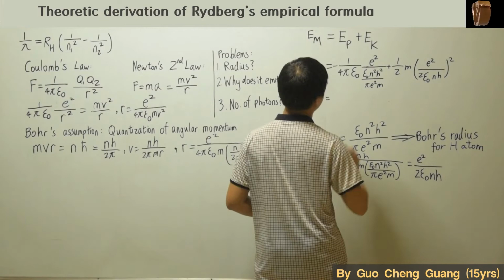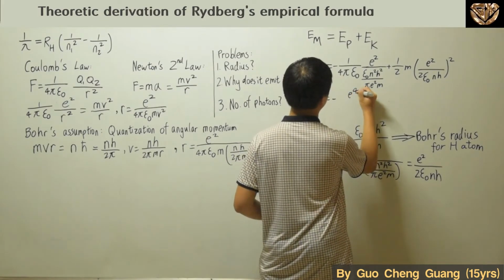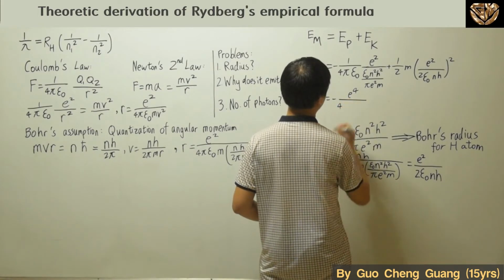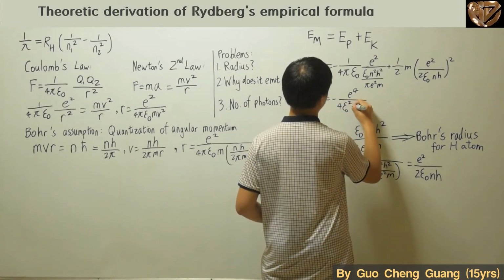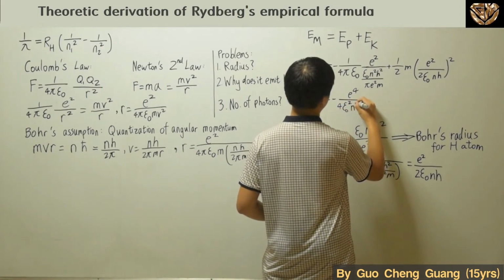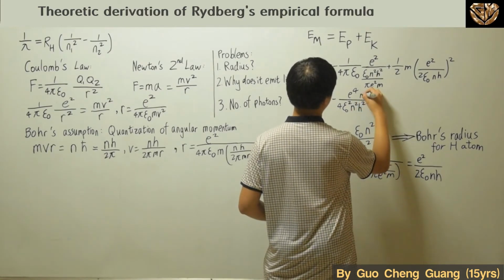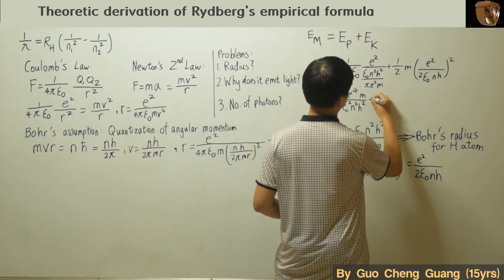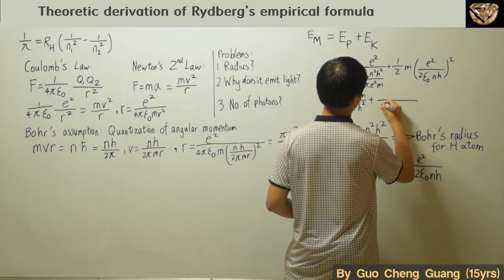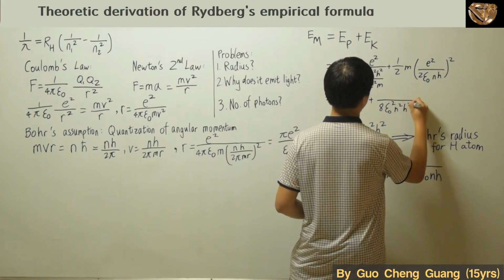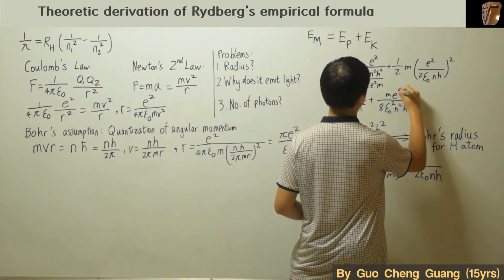Pi is gone, negative e to the power of 4 over 4 epsilon naught squared n squared h squared m. Or for the other parts, you have over 8 epsilon naught squared n squared h squared m e to the power of 4.